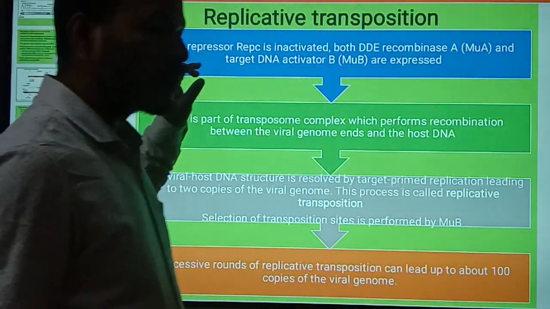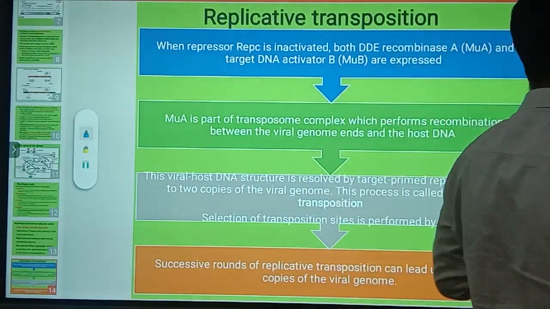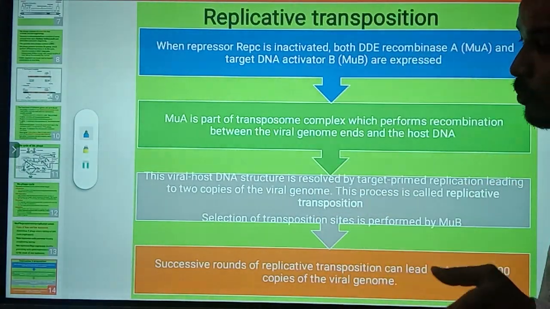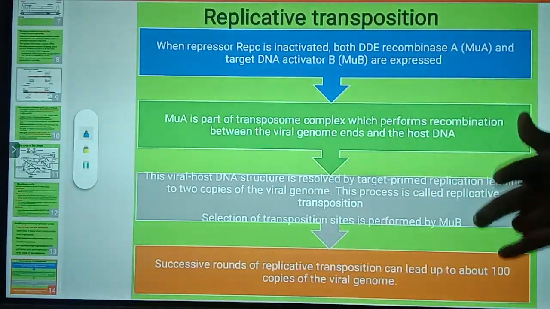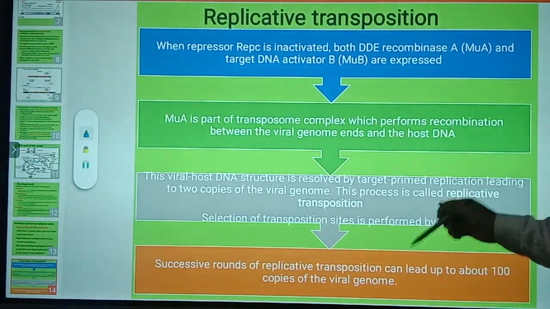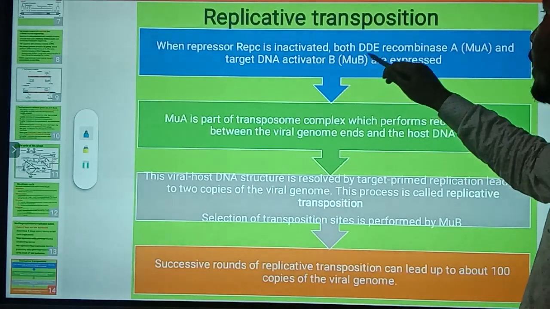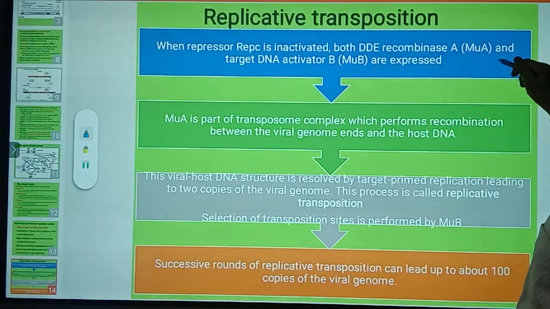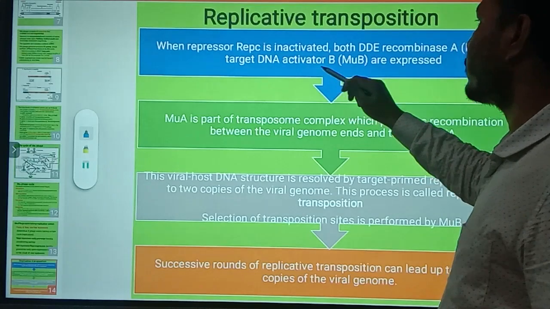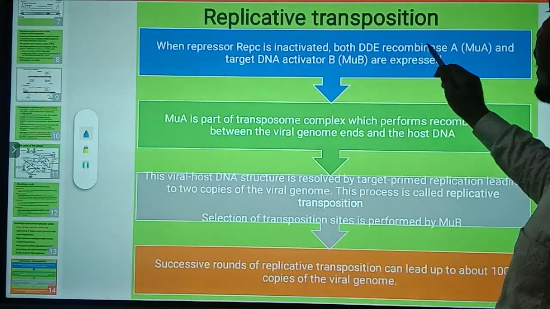We have seen earlier there are two modes of transposition, replicative and non-replicative. So what happens in replicative? When repressor RepC is inactivated, both the DDE recombinase MuA and the target DNA activator MuB are expressed.